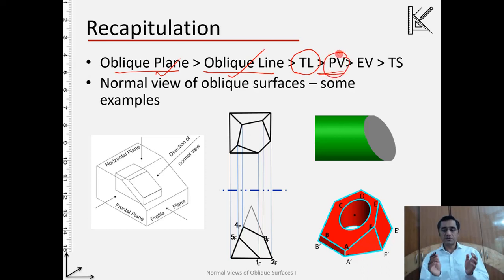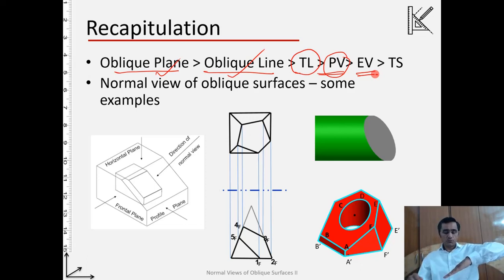Once we have created the point view of the line, because the line is lying on the oblique plane, we will have the edge view of the oblique plane. Once we have the edge view of the oblique plane, say this is the oblique plane, here is the edge view.